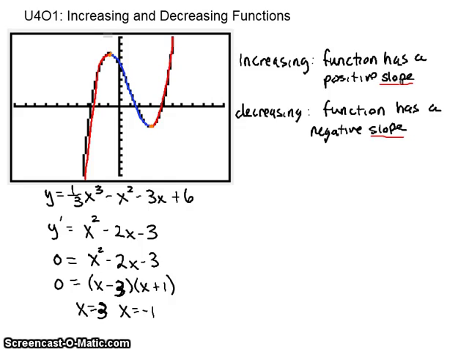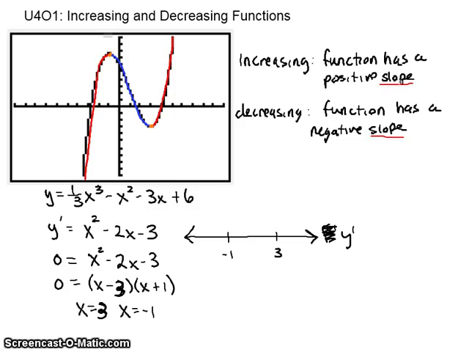So how we're going to figure out the intervals of increasing and decreasing is we're going to take those zeros and put them on a number line. We'll call that number line y prime, or f prime, or whatever your function's called. On y prime, I know I have two places, negative 1 and 3, where my derivative is 0.